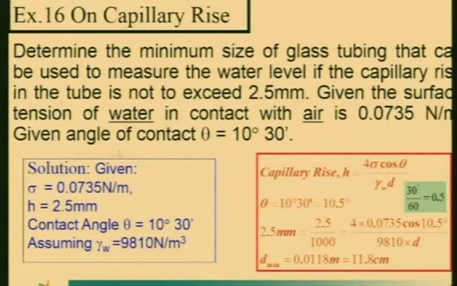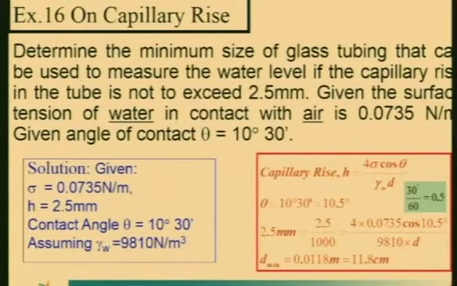Given the angle of contact theta as 10 degree 30 minutes. Is it okay? So, the question is very simple. He is asking what is the diameter of the tube which is required so that the rise in the tube should not exceed 2.5 mm.